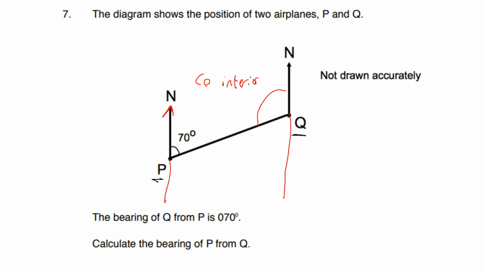So this angle alpha is just going to be 180 minus 70, which is 110. Okay?